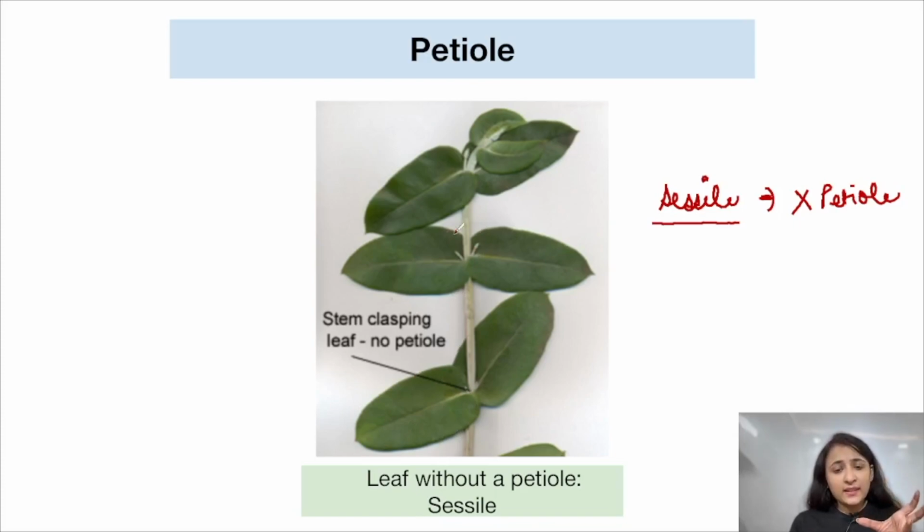So here the stem is directly clasping the leaf. Both the stem and the leaves are attached directly. There is no stalk between them. The blade or the lamina of the leaf is directly attached to the stem. There is no petiole. So these are sessile leaves. All right.